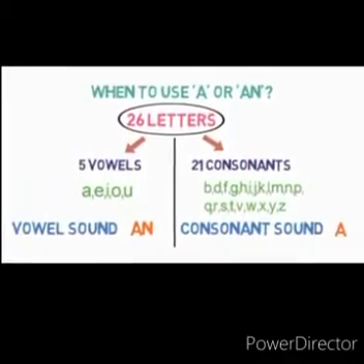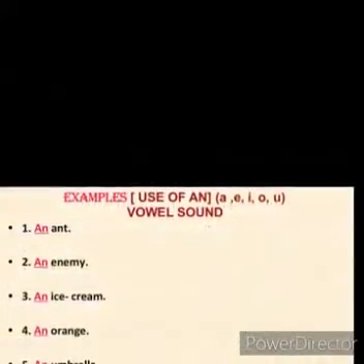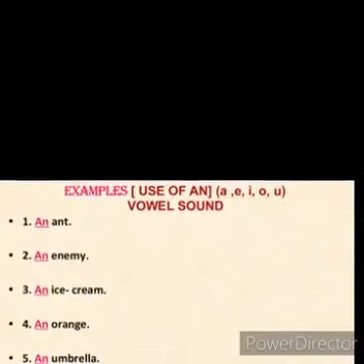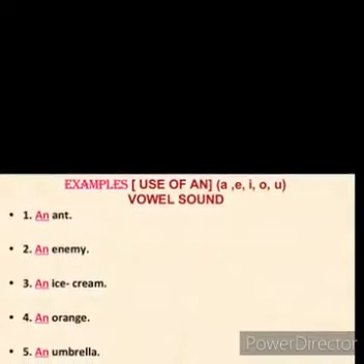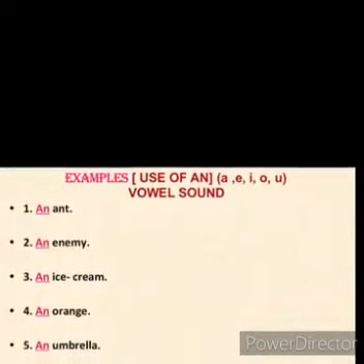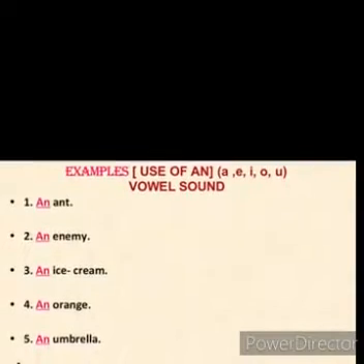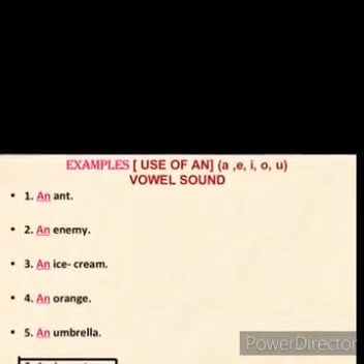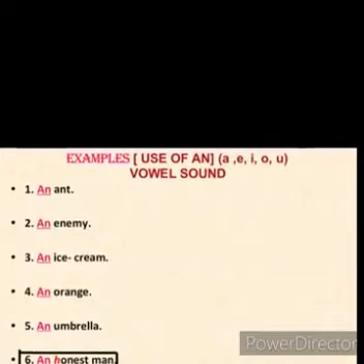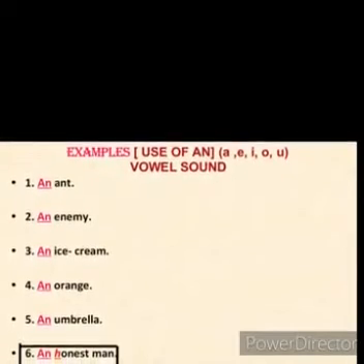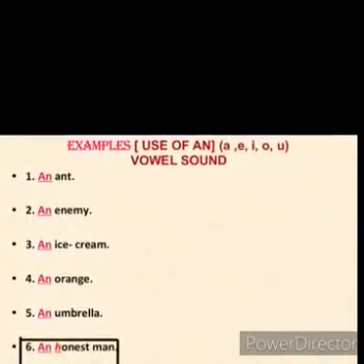Let's understand this with examples. Now we use article an before a vowel sound, like an ant, an enemy, an ice cream, an orange, an umbrella, an honest man, an hour.